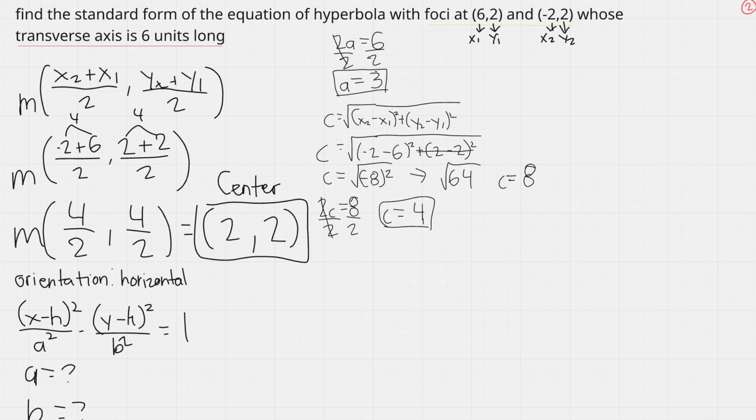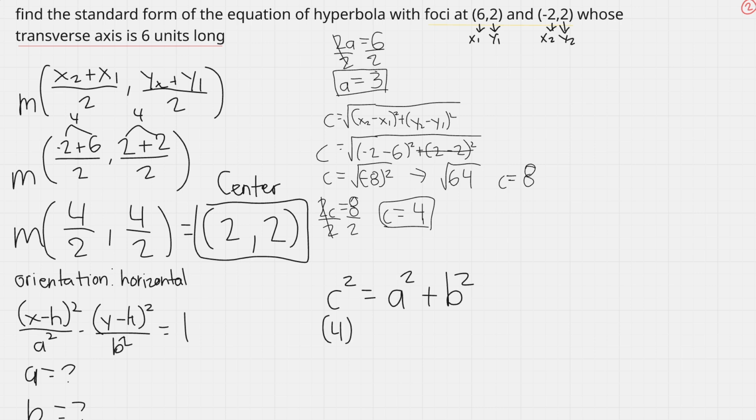Now, let's get our b. Remember, our Pythagorean theorem in a hyperbola will be c squared equals a squared plus b squared. Let's transpose c squared first.